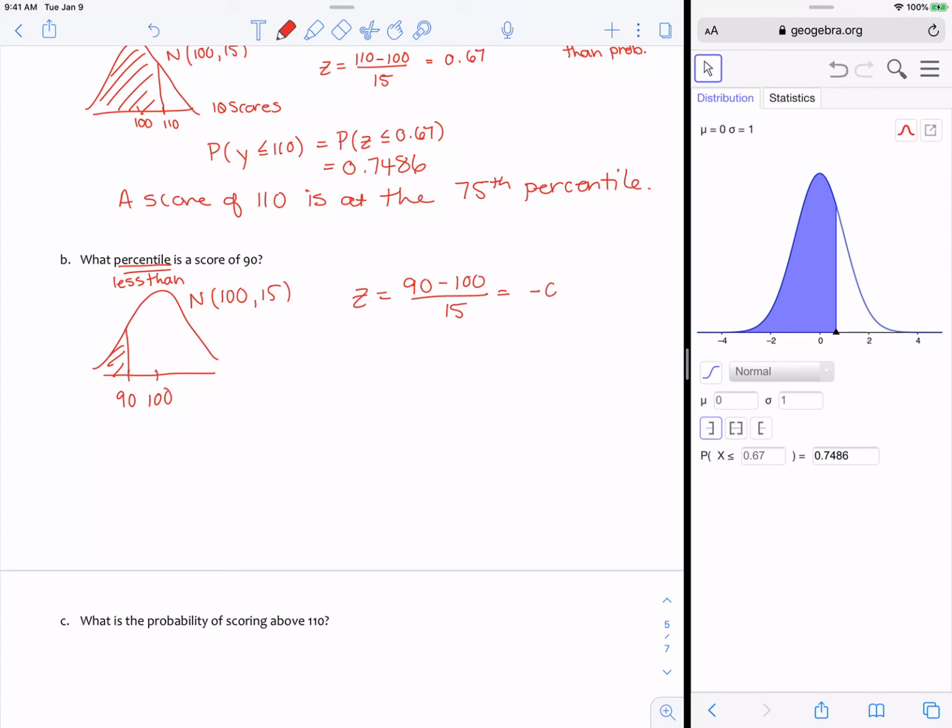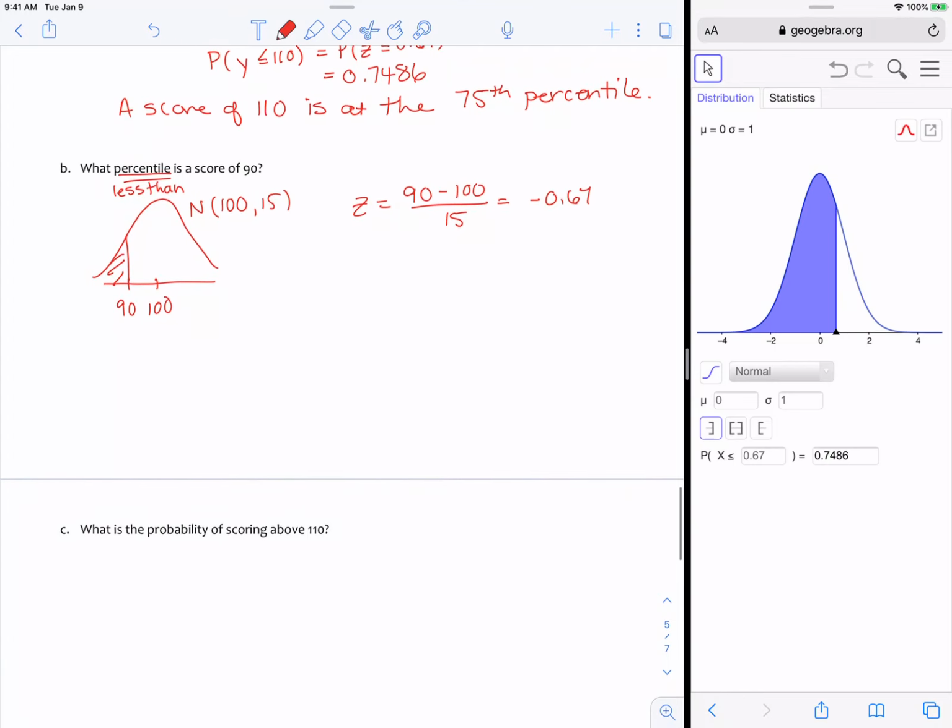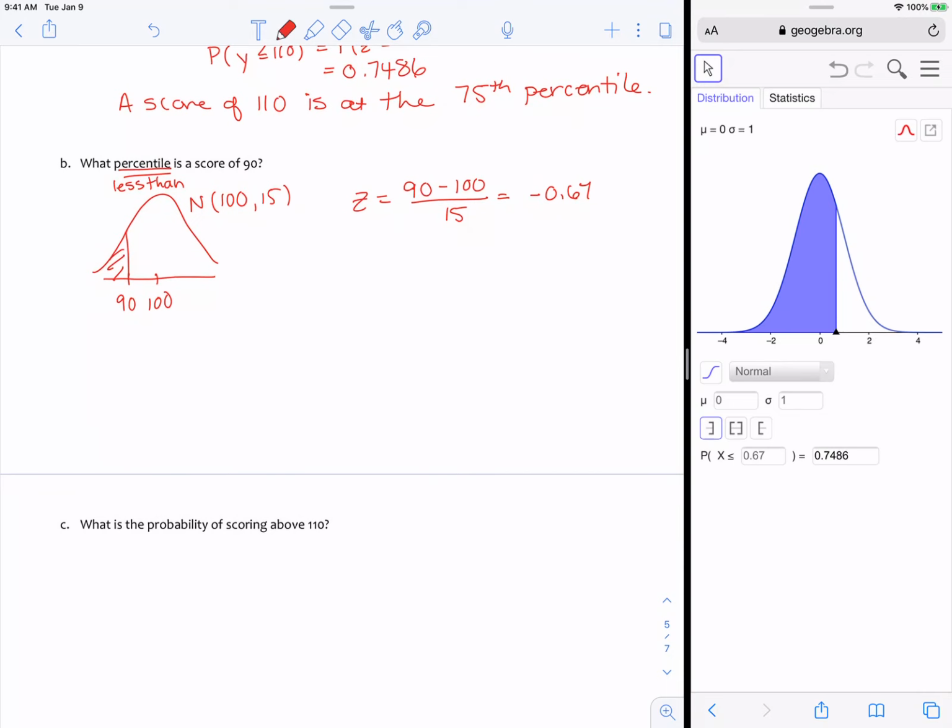That's going to be negative 0.67. Seems a little similar to what we did in the last one, but positive versus negative. All right, and so the probability that y is less than or equal to 90 is equal to the probability that z is less than or equal to negative 0.67.